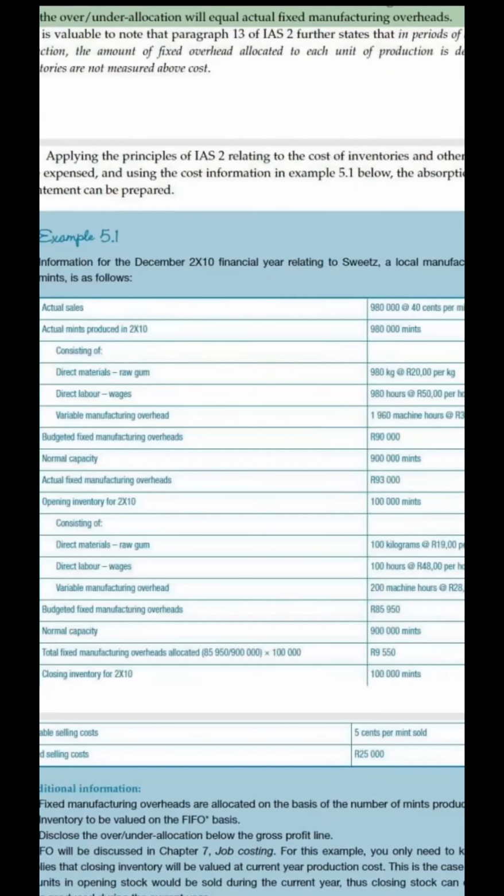They already told us that to manufacture 980,000 means they used 980 kgs. So 980 kgs times 20 will give you the total cost to manufacture 980,000 means. That's 980 for the kgs, and 980,000 for means.